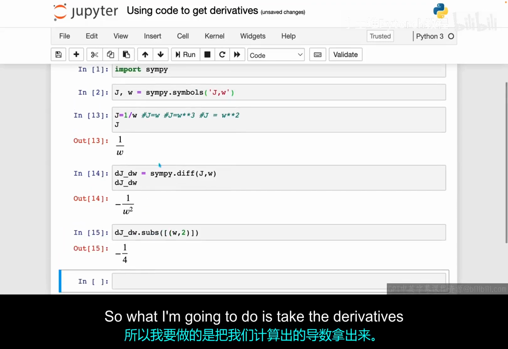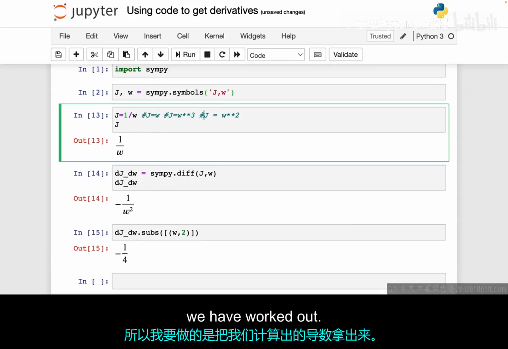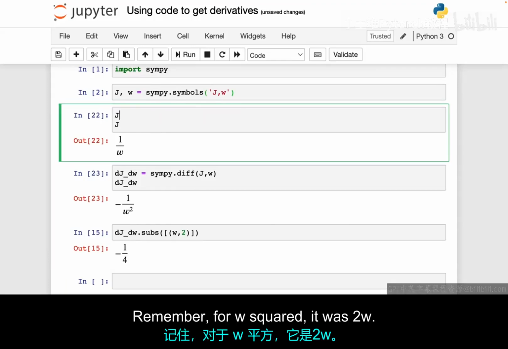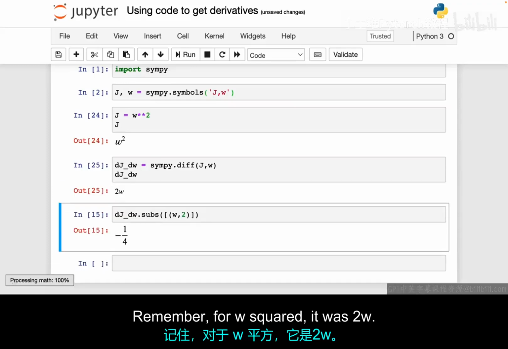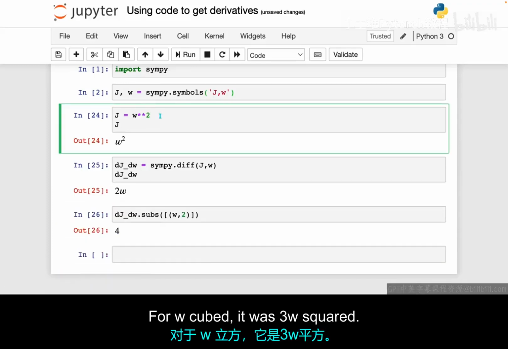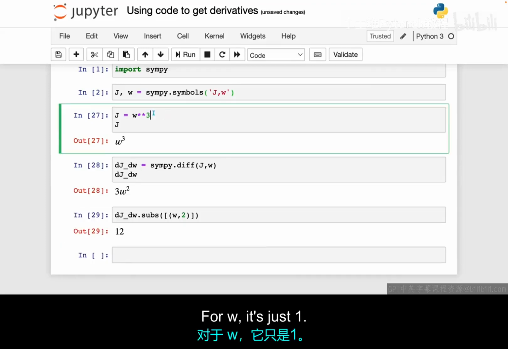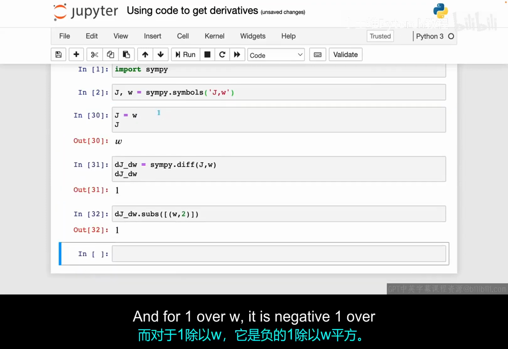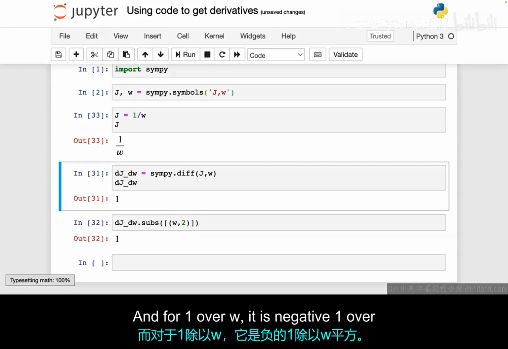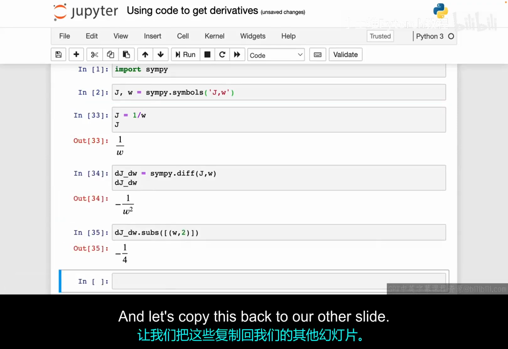So what I'm going to do is take the derivatives we had worked out. Remember, for w squared, it was 2w. For w cubed, it was 3w squared. For w, it's just 1. And for 1 over w, it is negative 1 over w squared. And let's copy this back to our other slide.